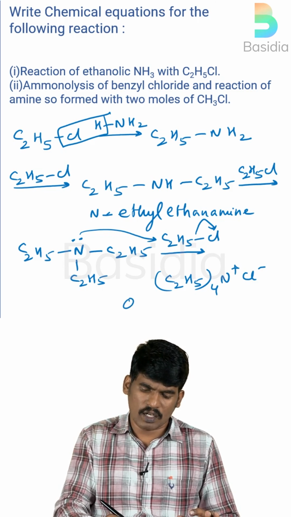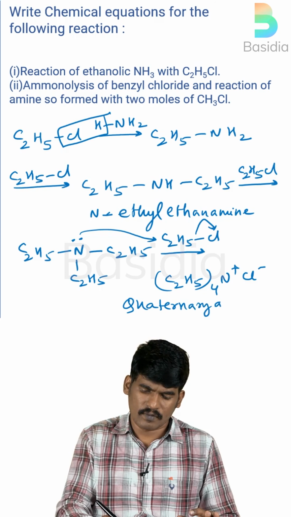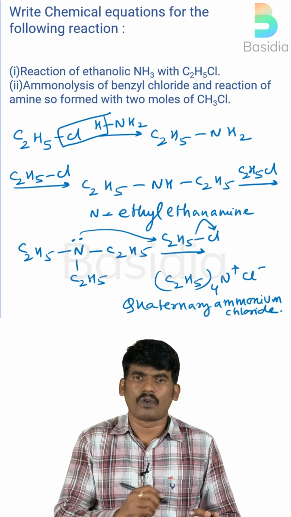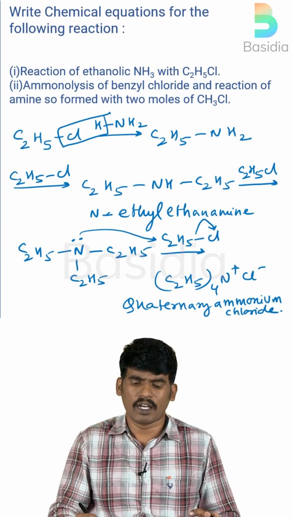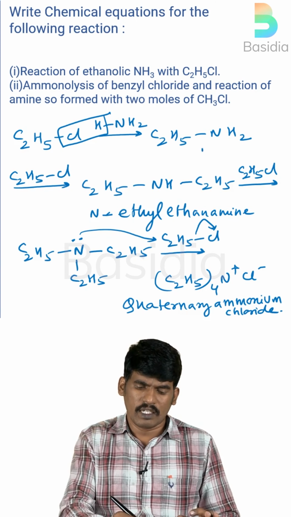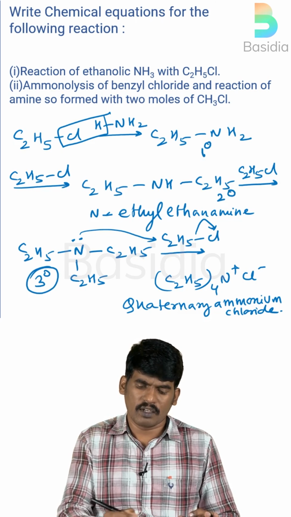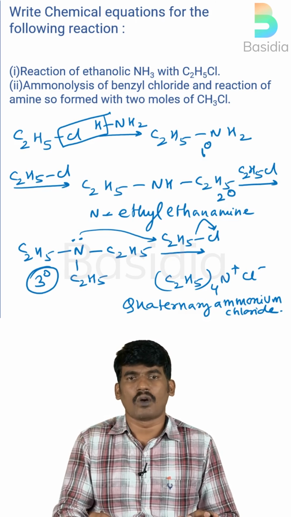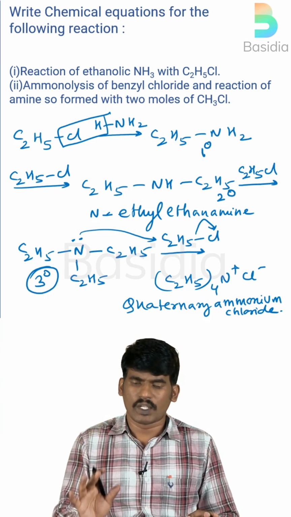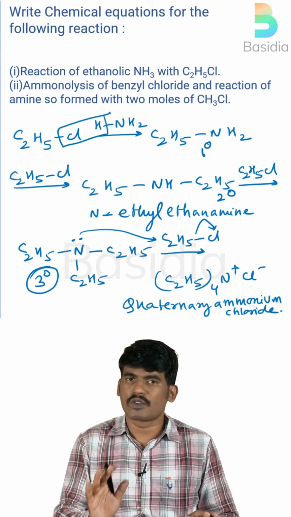This is quaternary ammonium chloride. We finally got a quaternary ammonium salt. Initially we got a primary amine, next a secondary amine, next a tertiary amine, and finally a quaternary salt. That is the question, and as per the question this is the solution.